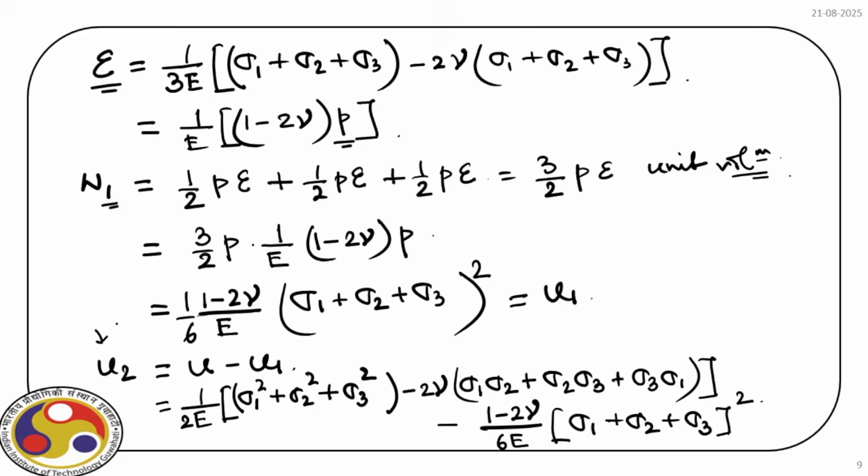Okay. Now we can simplify this expression because we can see 1 by twice E, we can take it out, and then further if we simplify, we get U2 in a compact form, and U2 is 2 times 1 plus nu divided by 6E.